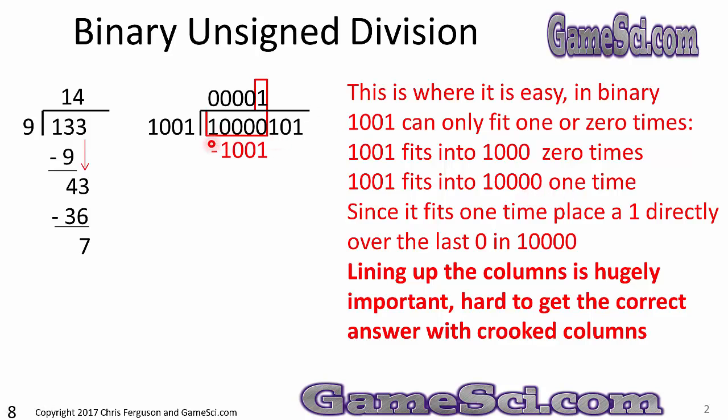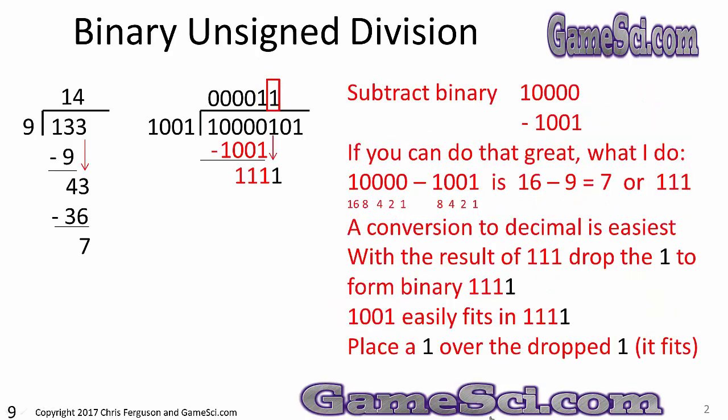Into this value right here that I have boxed out, this number can fit once. When it fits once, I write a 1 above that column. Since it fits 1 time, place a 1 directly over the last 0 in 10000. Lining up the columns is hugely important. Very hard to get the correct answer with crooked columns.